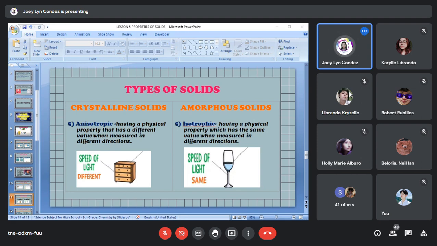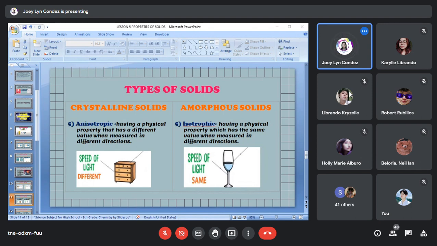The value of the speed of light from the right side is different from the left side. Okay? That's anisotropic. If something is anisotropic, meaning that object has a physical property that has a different value when measured in different directions. Since the directions of the movement of light are different, the speed is also different.